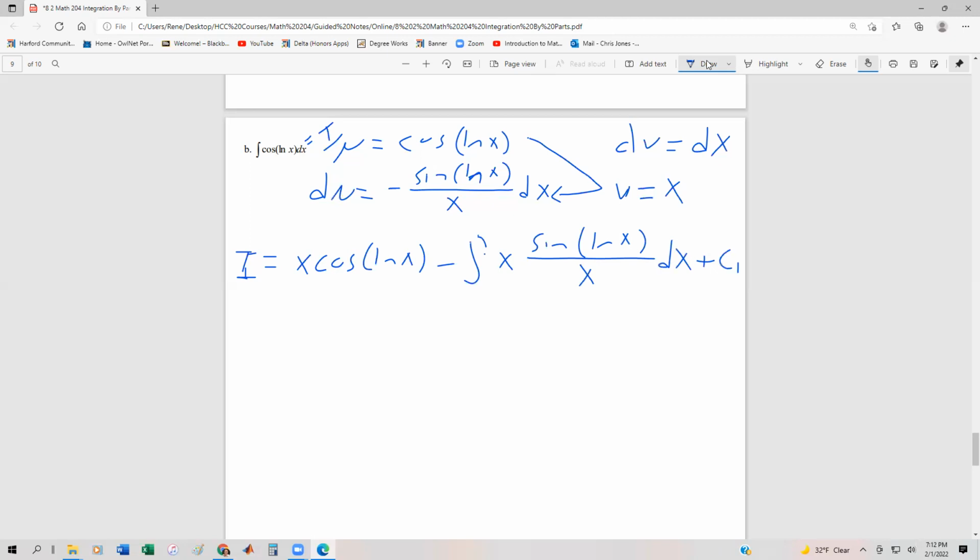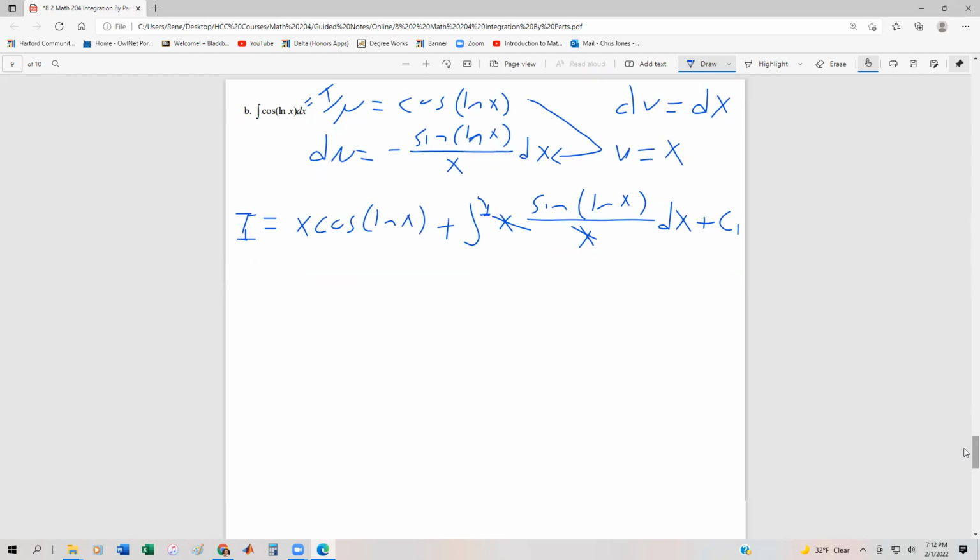Now this actually works out fairly nicely with simplification, but then we have to do a little more integration. And there should be a negative in here. So the x's are going to cancel out, and this is going to turn into a positive, so no big deal. So I is going to be equal to x cos ln x plus the integral of sine ln x dx plus c1.